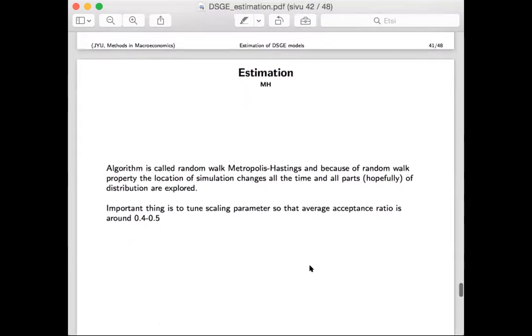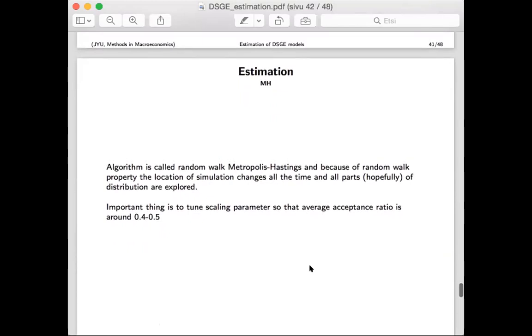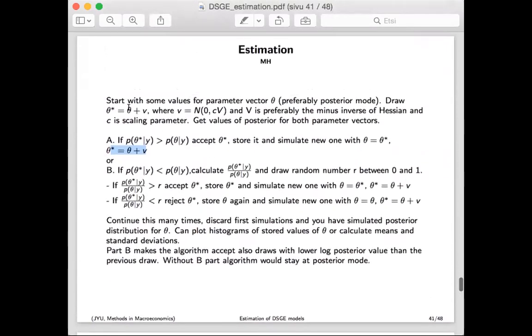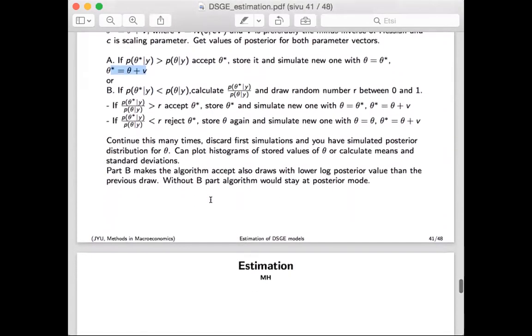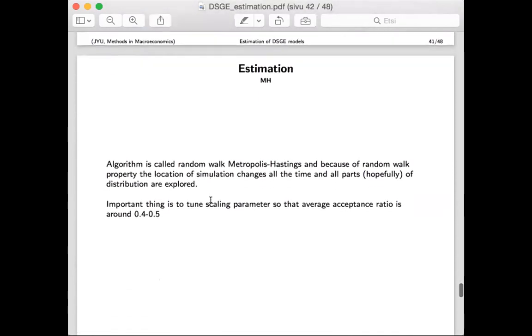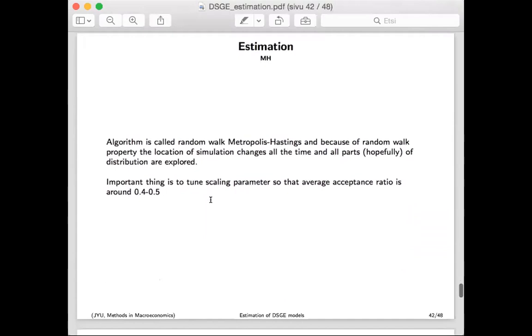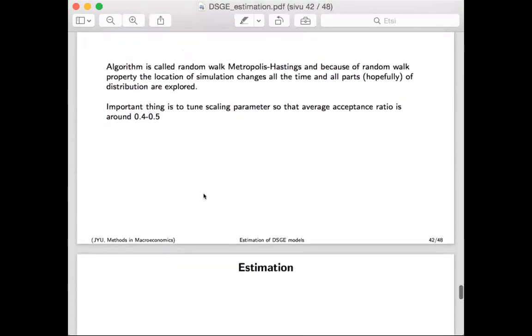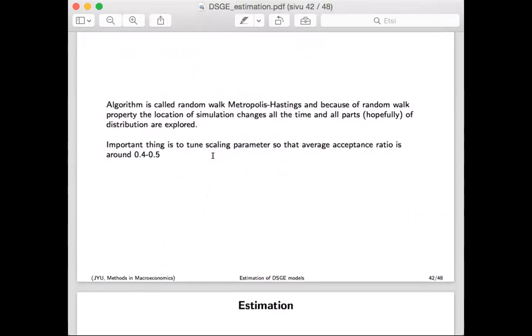Yes, and it was a random walk Metropolis Hastings, since we always change the point at which we do the simulation. And hopefully this way we will explore the whole distribution. The important thing is to tune the scaling parameter so that it has an average acceptance ratio around 0.4, 0.5.